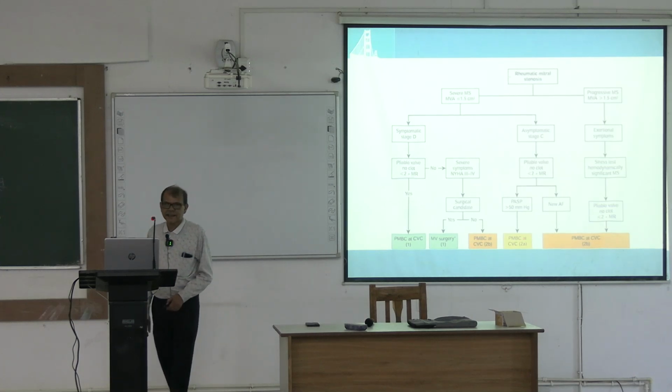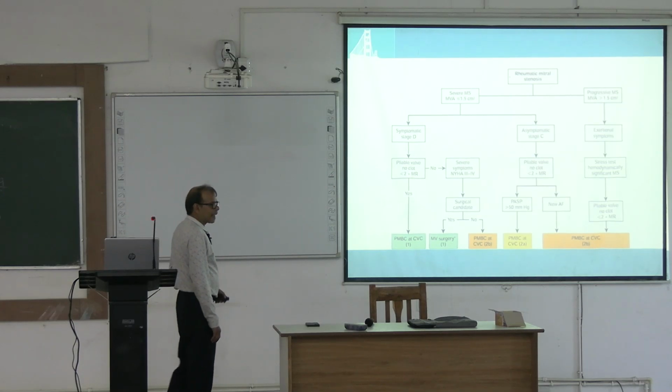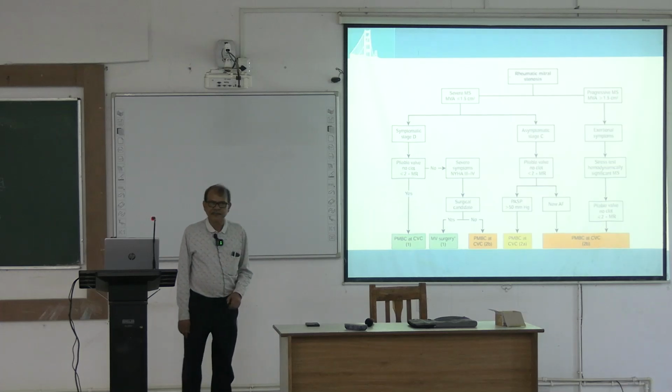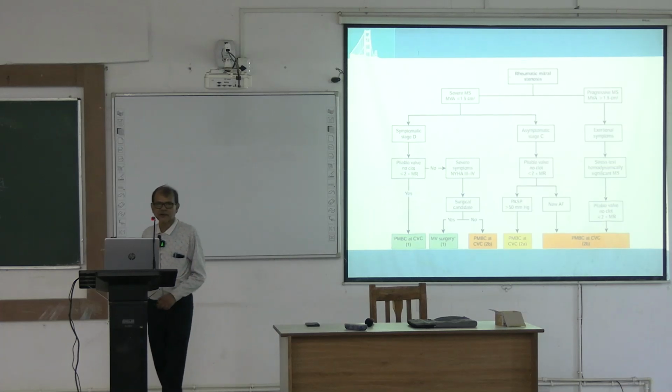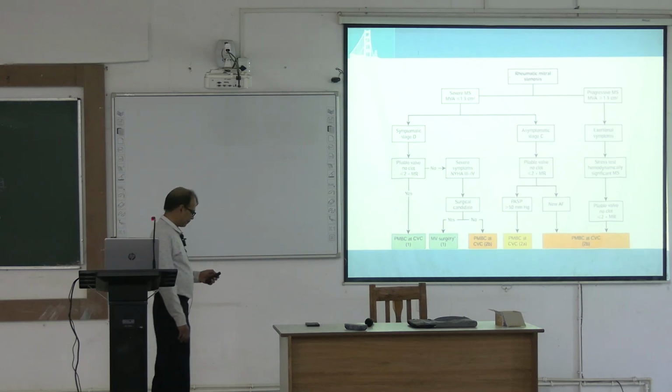If no pulmonary hypertension but new onset atrial fibrillation, then balloon valvuloplasty can be an option. Option is 2B, that means not usually indicated but may be an option depending on the situation.